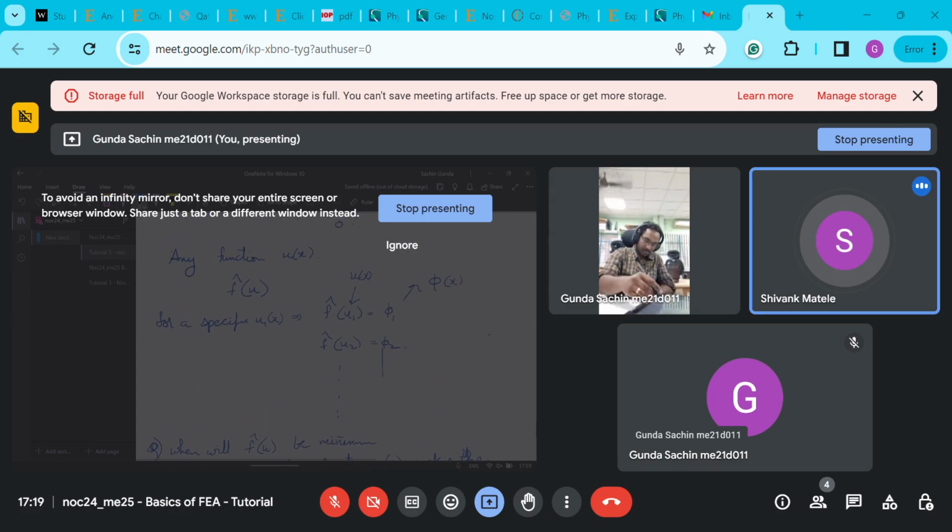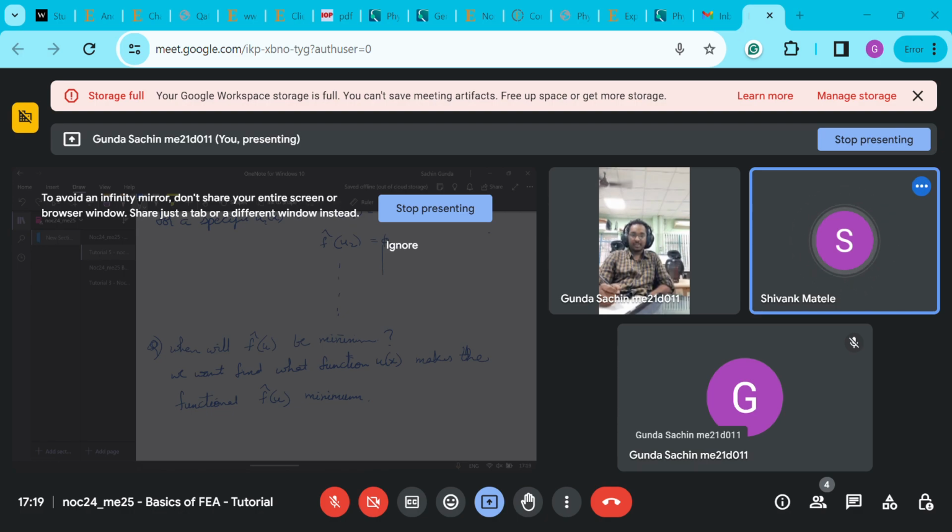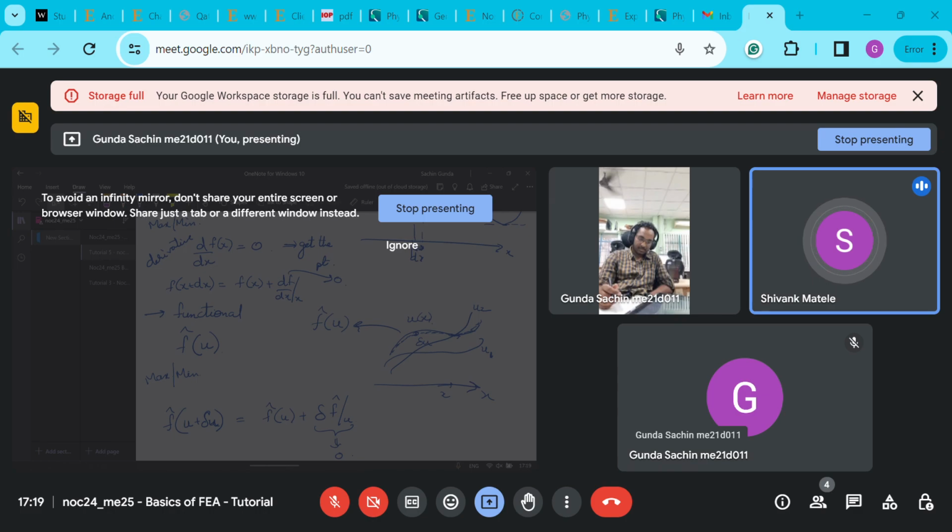So basically, what I understand, please correct me if I'm wrong, by this we are actually making the error minimum in FEA. Yes. That's why we are using it. That was my question.